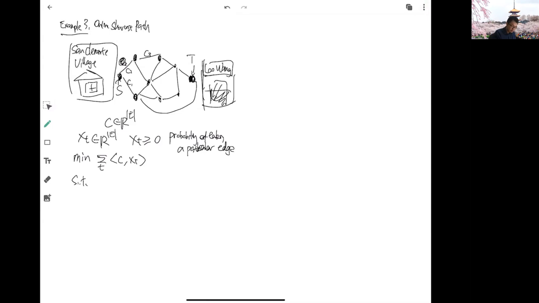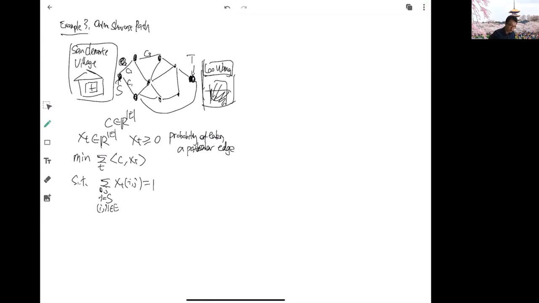There is also a set of constraints. First of all, since these are probabilities, the sum over j of xt of ij, where i is equal to the source and ij is in the set of edges, needs to be equal to 1.